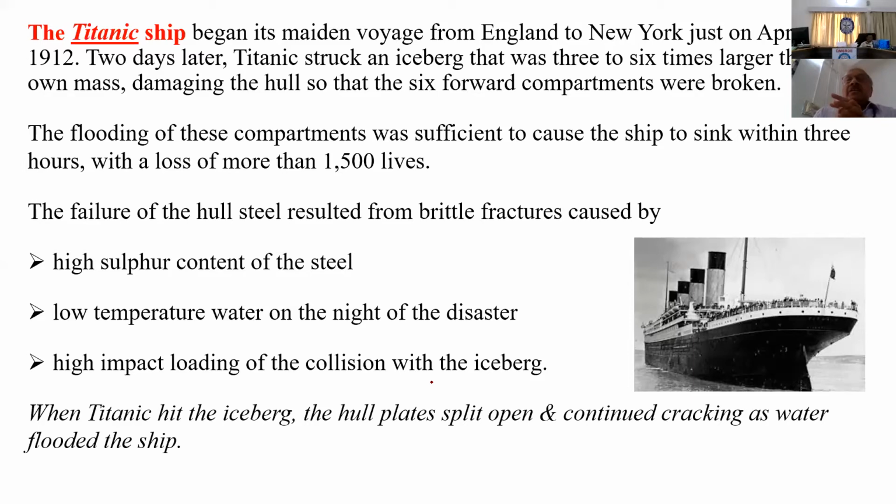And this particular shipping steel contained a lot of sulfur, so it had very poor ductility. Secondly, the temperature of the water was very low, close to 0 degrees centigrade. And thirdly, it was a huge, very powerful ship, so it hit the iceberg at a very high speed. So the high impact loading also added to the reason for fracture.